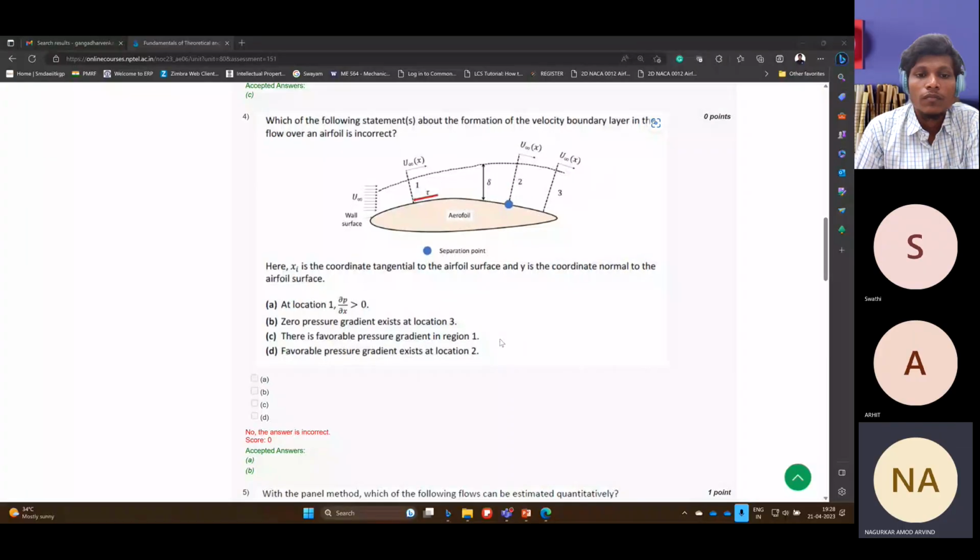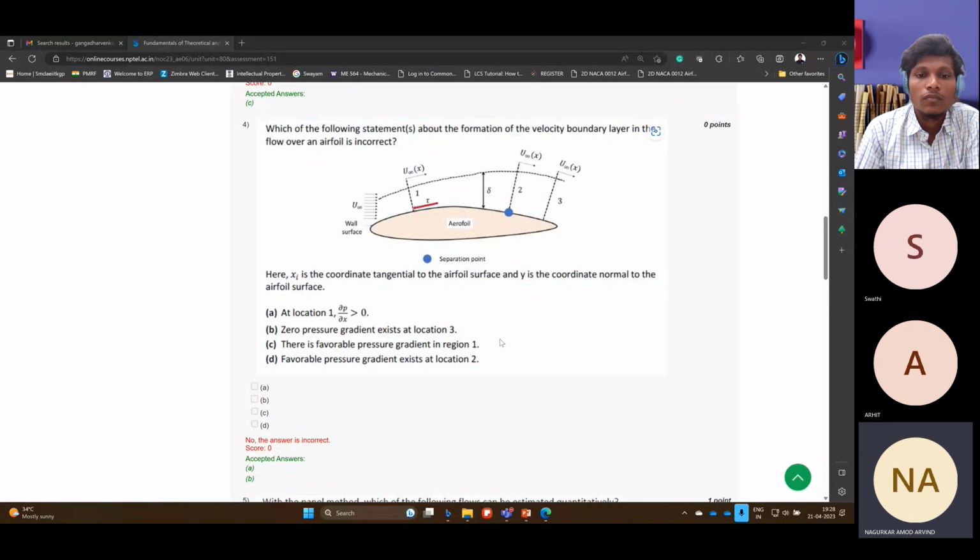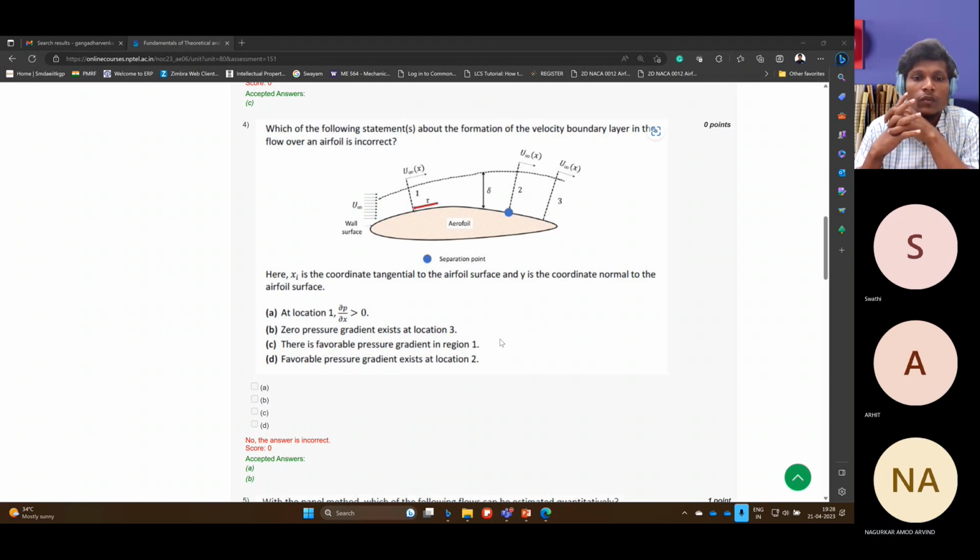Option D says a favorable pressure gradient exists at location 2. That is not correct, so D is also to be considered, because it has been asked which of the following statements about the formation of velocity boundary layer in the flow over aerofoil is incorrect.